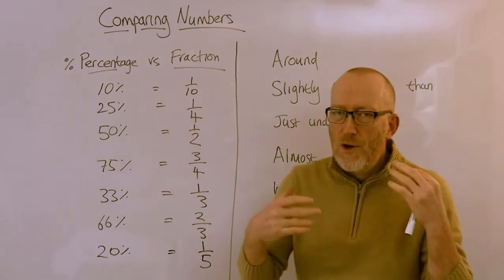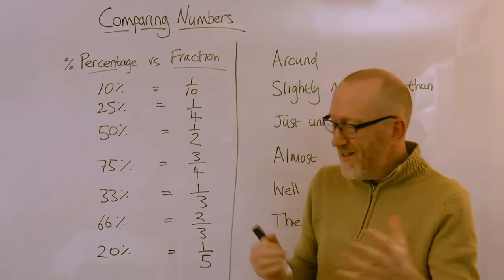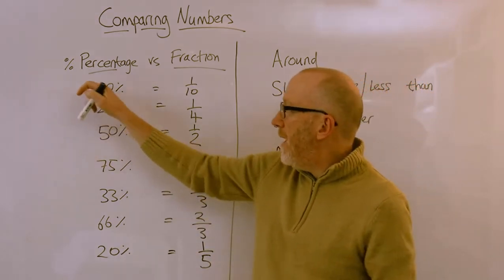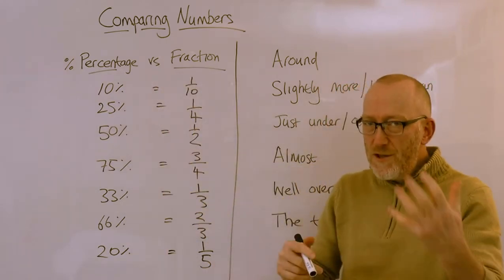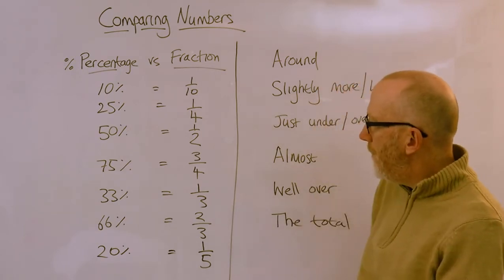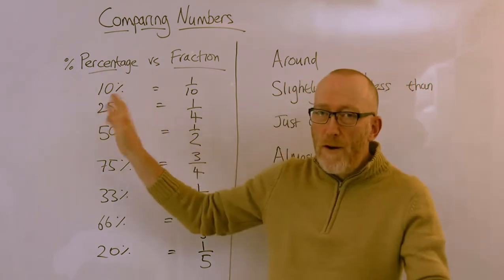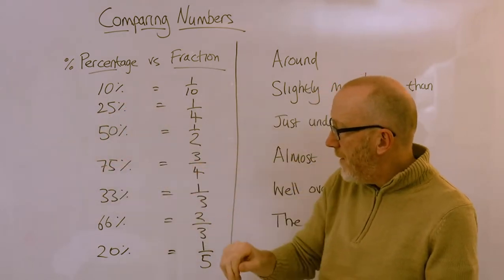Now, I'm going to presume that most of you guys are intelligent enough to understand the difference between a percentage and a fraction, and you can probably work these out yourself, but I just want to quickly go over these with you, okay? So, percentages. Well, we're probably all very familiar with percentages. 10%, 25%, 50%.